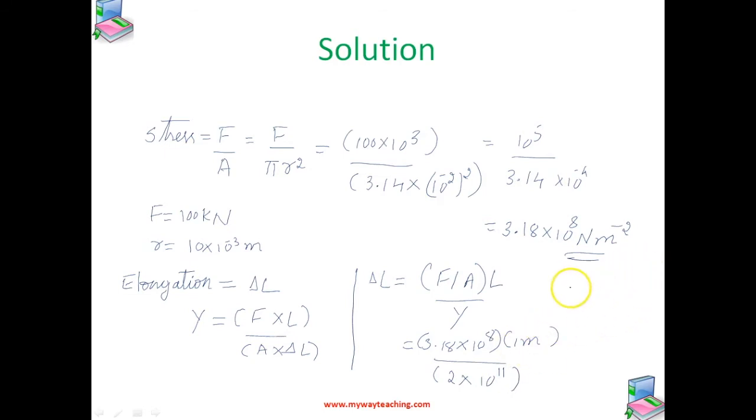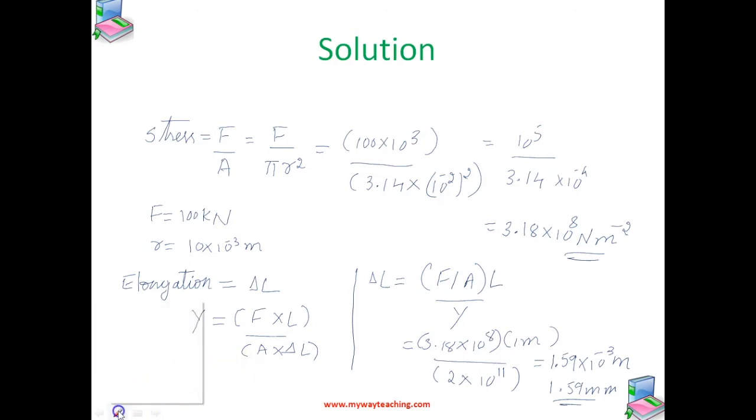If you simplify this, we'll get 1.59 into 10 raised to minus 3 meter. In other words, we can write it as 1.59 mm.